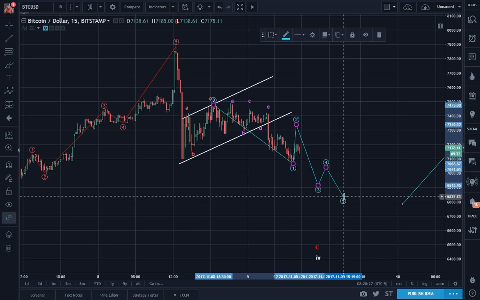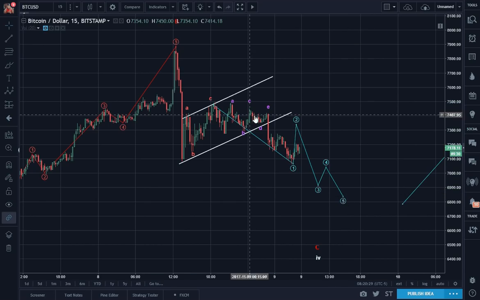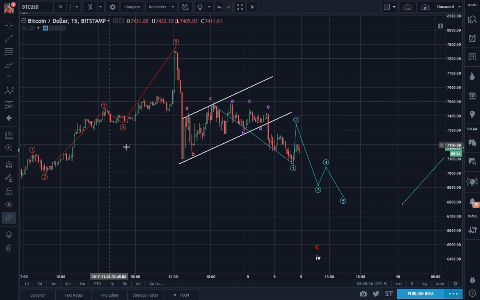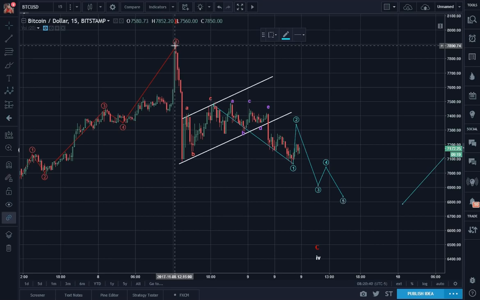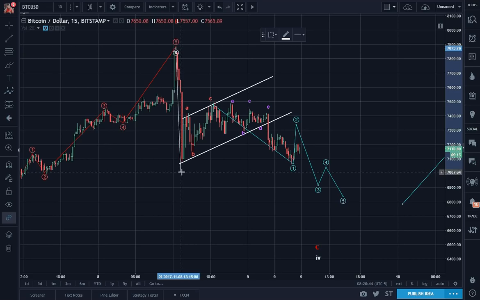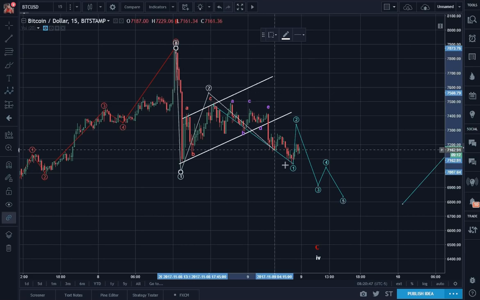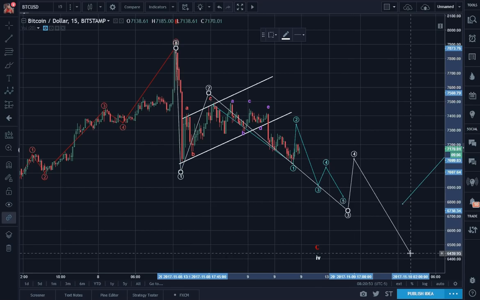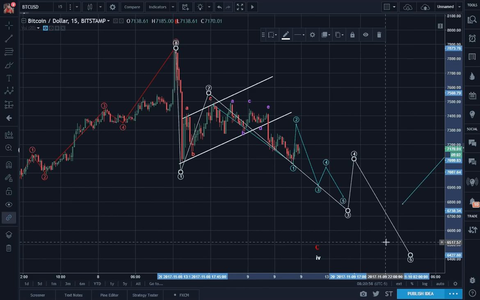Okay. And that these blue circle waves are the subwaves of 3. And the other waves will be 1, 2, 3, 4, 5, like that.